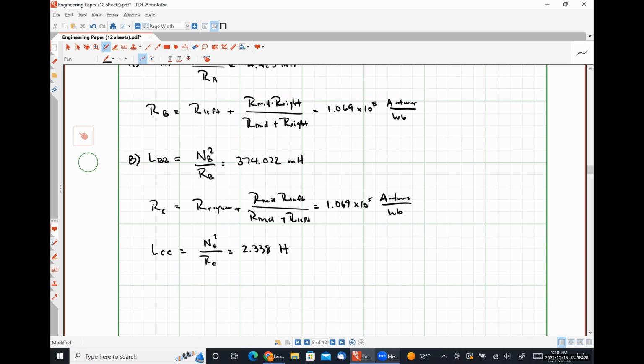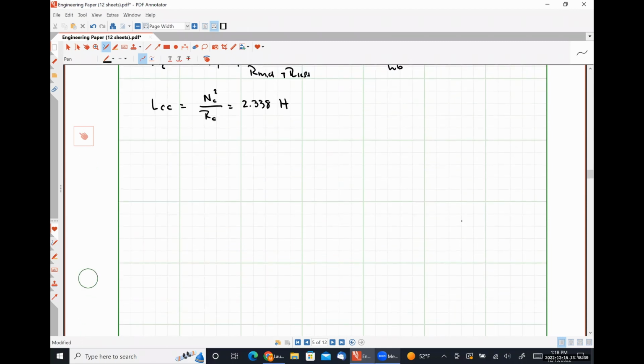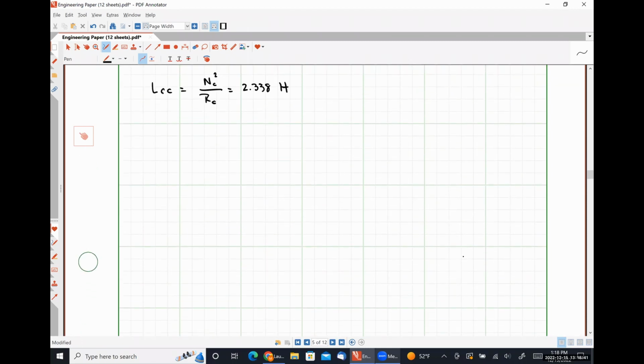Now we have to do our mutual inductance. Okay, so let me see how much room I have on this page. Enough to get us started. All right. So for us to determine our mutual inductance between coils A and B, we are going to need to determine the magnetic flux passing through coil B caused by the MMF produced at coil A, or vice versa.